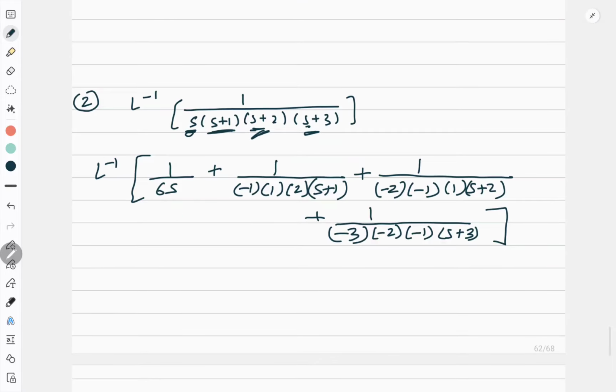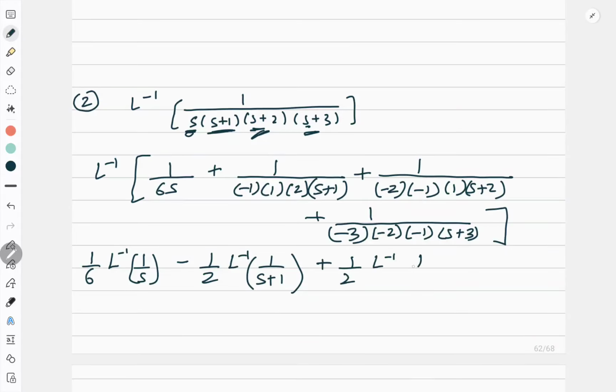Now this will become 1 by 6 Laplace inverse of 1 by s. This will become minus 1 by 2 Laplace inverse of 1 upon s plus 1. Now this will become plus 1 by 2 Laplace inverse of 1 by s plus 2.